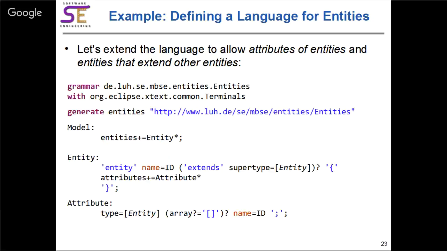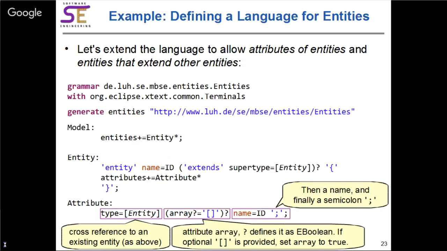So basically, if we parse an attribute and we see these square brackets, array gets set to true, otherwise to false. Then again, we have a name, and each attribute is followed by a terminal semicolon, and the other semicolon is what marks the end of that rule. And that's basically what the bubbles describe, what I've been explaining to you.